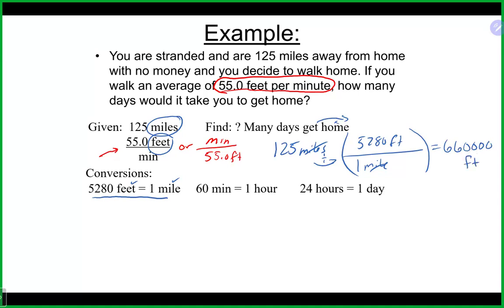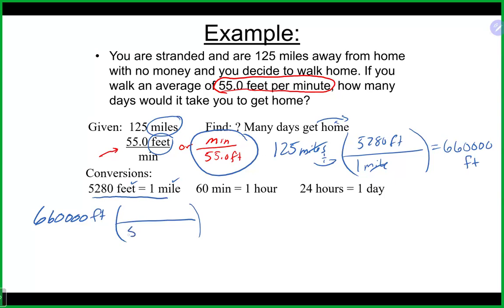Now that I do have it in feet, I am good to go with, again, the conversion factor that was given to us in feet. Obviously, like I said, you could take the conversion factor into miles. So I'm going to start with that 660,000 feet. Once again, that's going to be up on top. So I do want feet on the bottom. So I do actually want to use the conversion factor in the upside down version there.